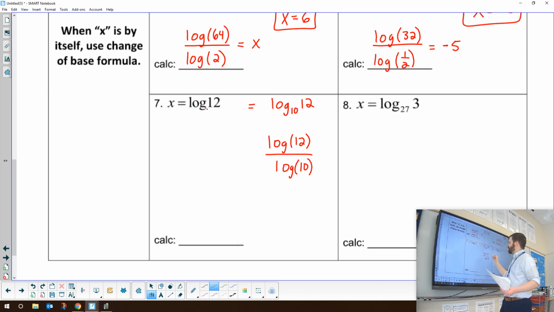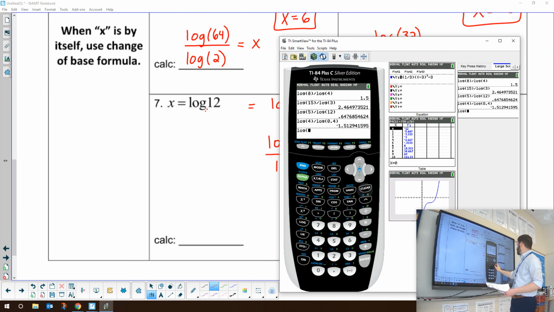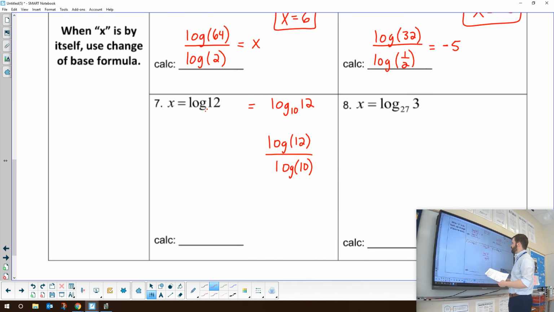But we already know that we can just plug that into my calculator. That's how our calculator communicates. So we can just plug log 12 into our calculator. Let's see if my calculator's woken up yet. It has not, so we're going to just leave it there. Plug that in, and we get x equals 1.079, rounding that up.